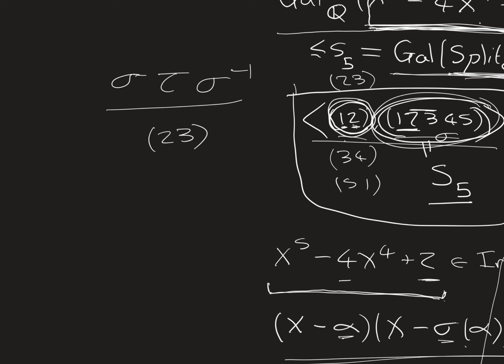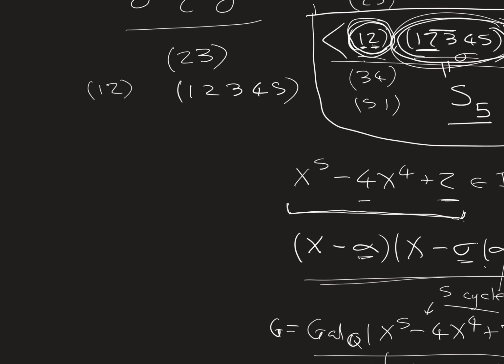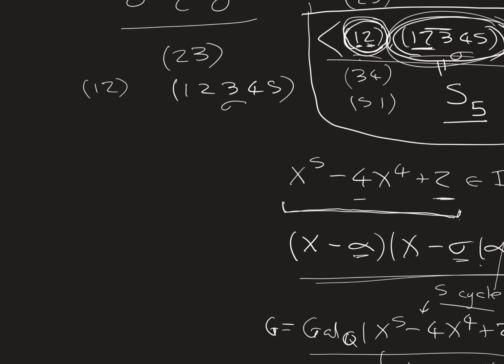So, if we take our example, without loss of generality, you can assume the transposition is (1 2). Then with loss of generality, we can assume that the 5 cycle is (1 2 3 4 5), and we then have to argue why it would work for an arbitrary 5 cycle. But just for the sake of demonstrating, let's let it be that one. So if I call this sigma and this tau, then if I do sigma tau sigma inverse, I get (2 3). So that's a new transposition.